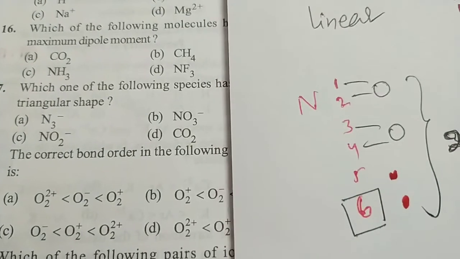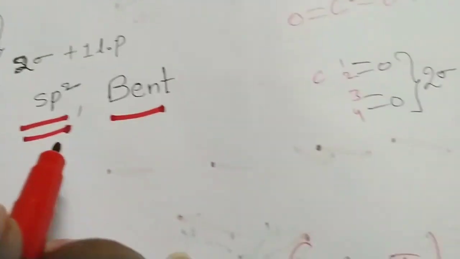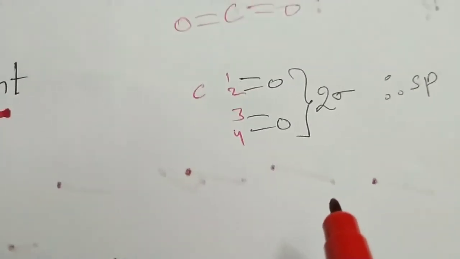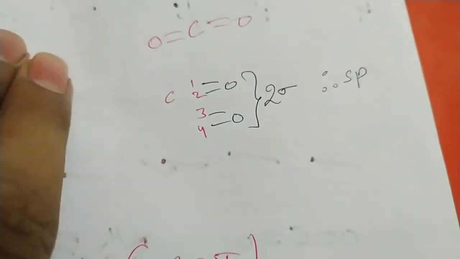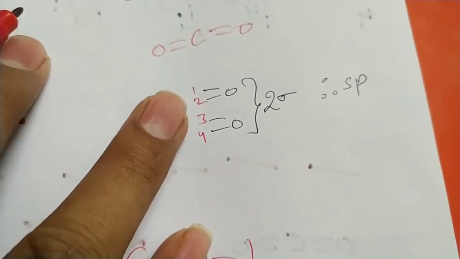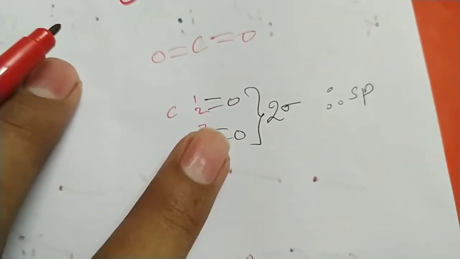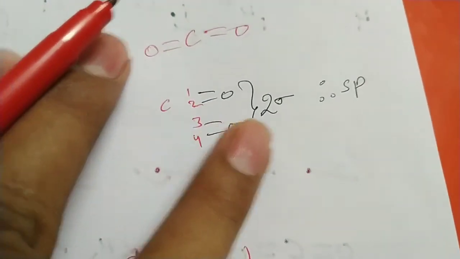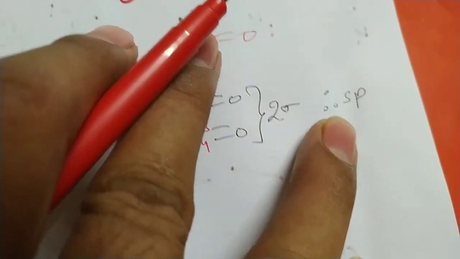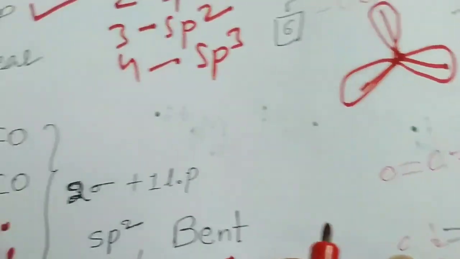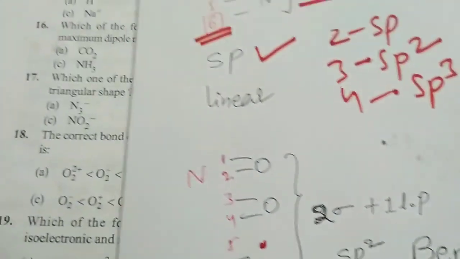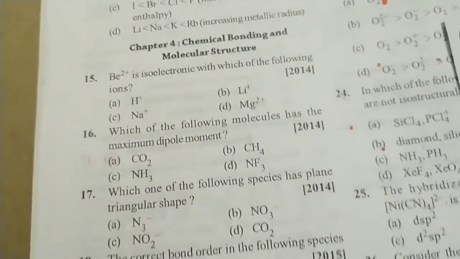Next, CO2 is a well known compound with a linear structure. If you want to calculate, carbon has 4 electrons, and there are 2 sigma bonds. 2 sigma bonds means sp hybridization, linear structure. Again, you can see the questions, 3 questions.